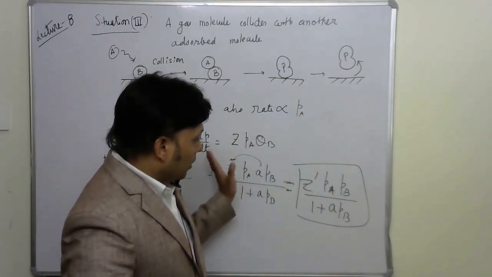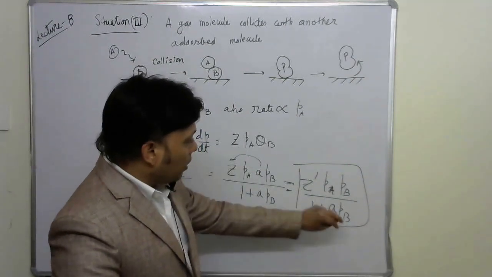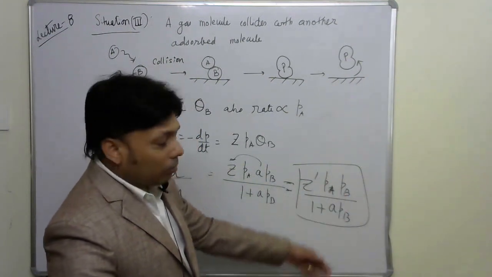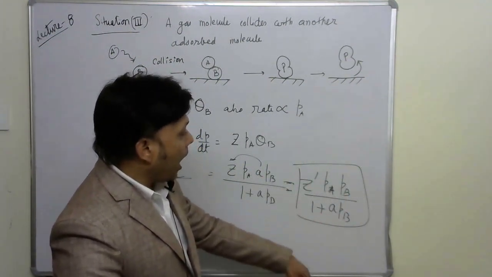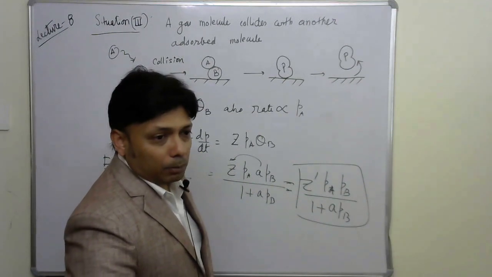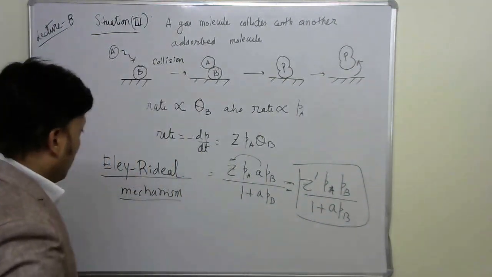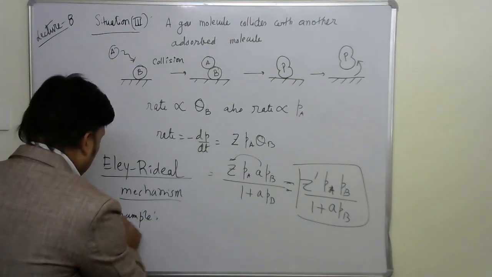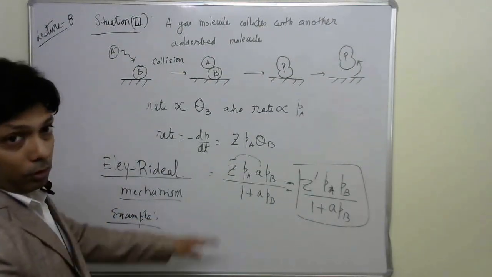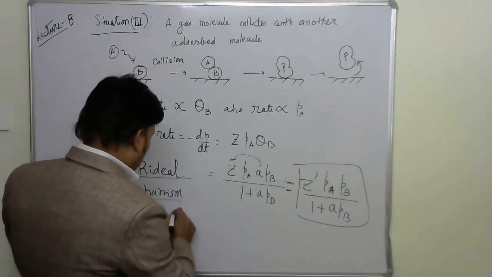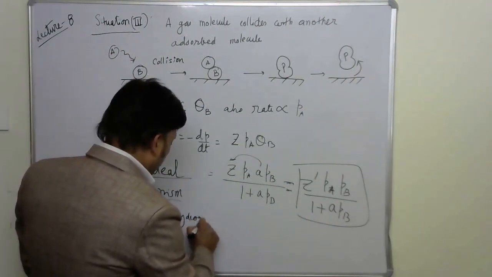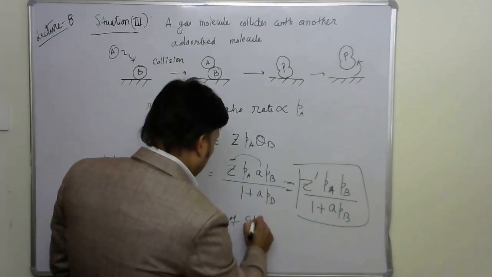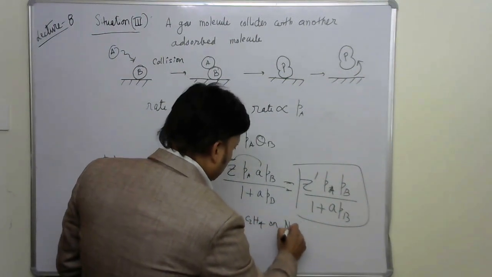If we conduct the reaction with a very low pressure of PB, the equation can be second order, and if we conduct the reaction with a very high pressure of PB, the reaction can be of first order. An example, which I think you have seen at the beginning of this lecture, is the hydrogenation of ethylene on a nickel surface.